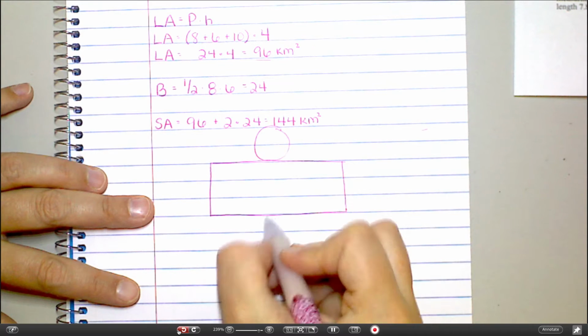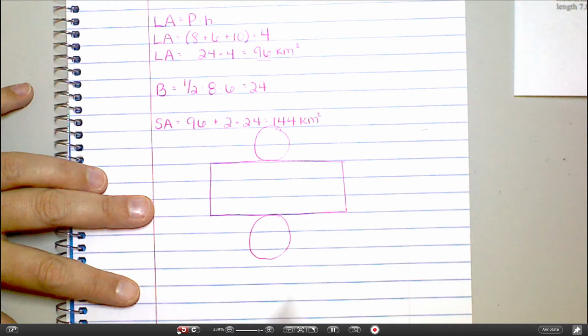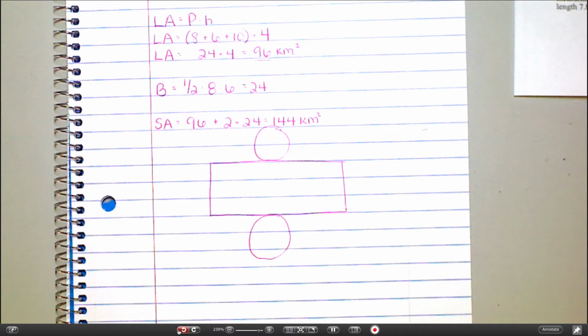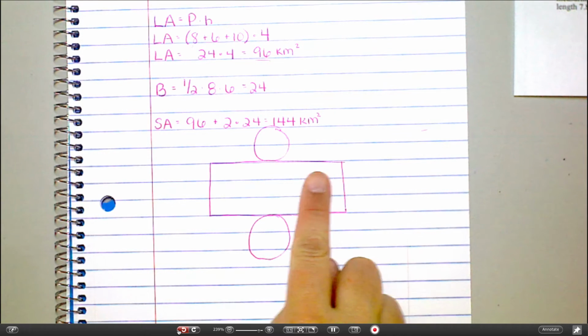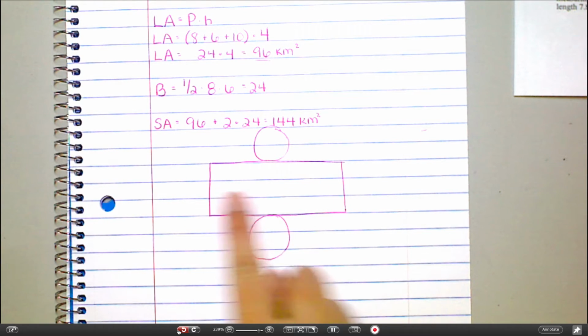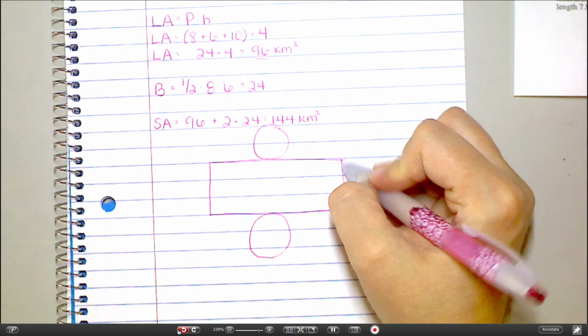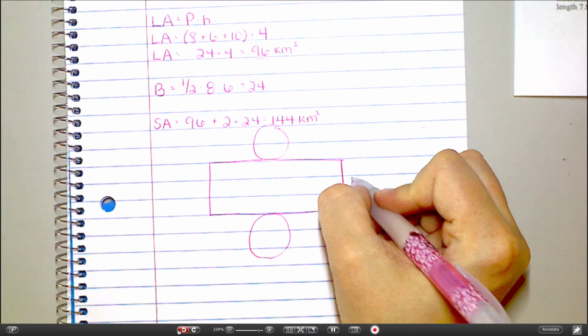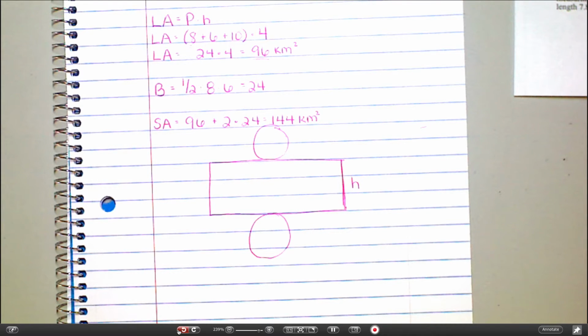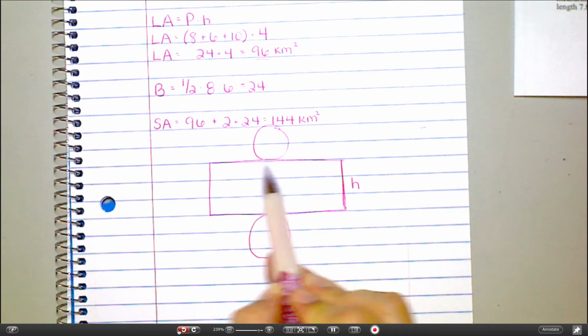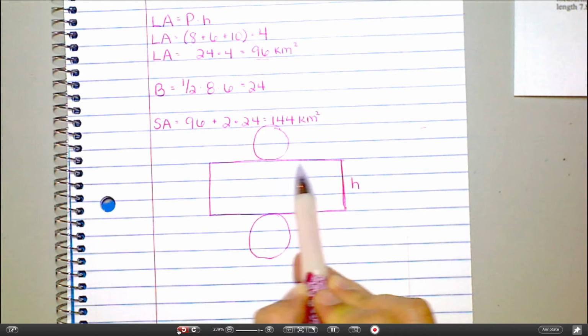Okay, this is probably not drawn to scale very well, but it's okay. So in this one, we already treat this as one big rectangle, right? And this distance is just the height of the cylinder. Where does this distance come from? Wrapping around.